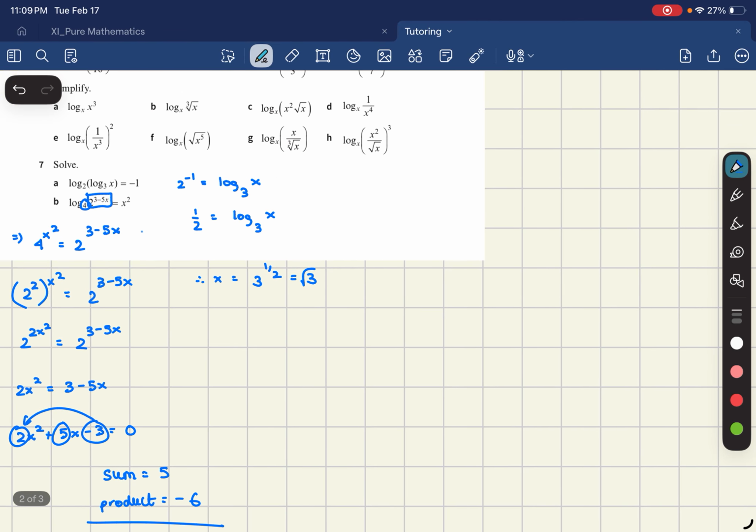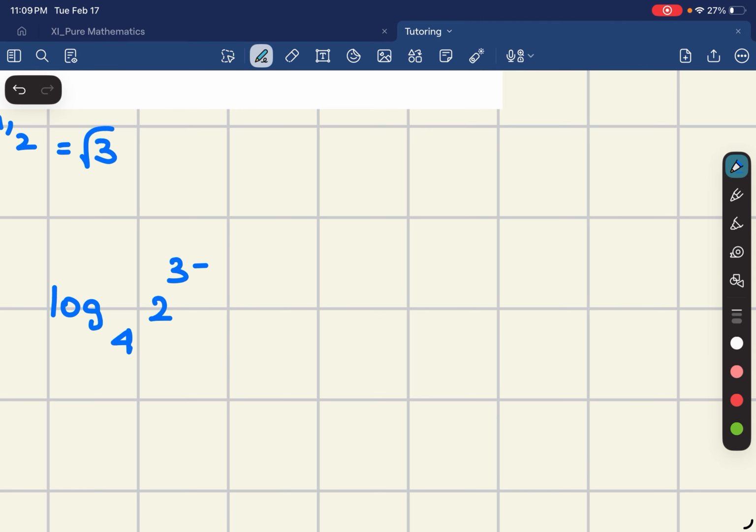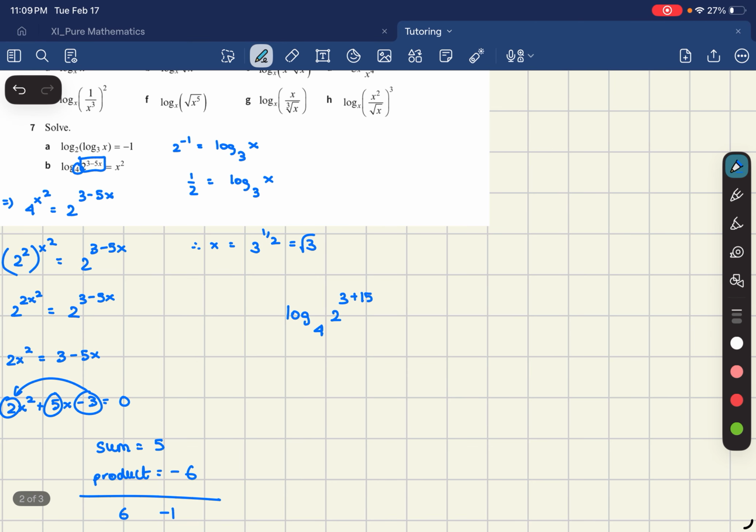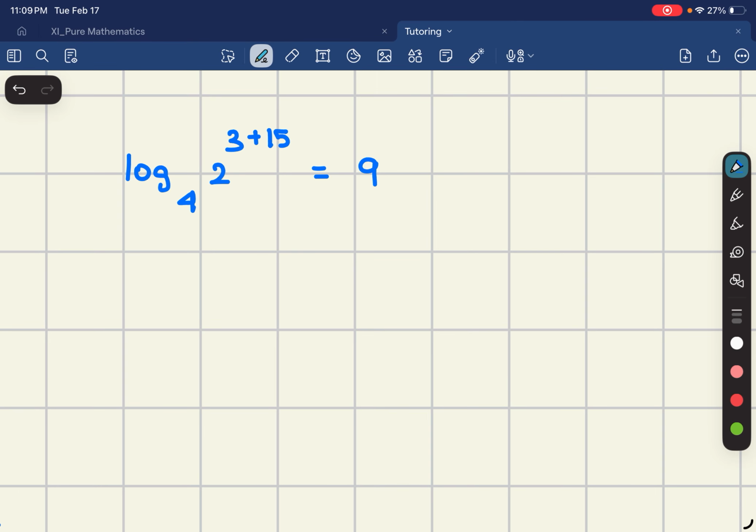So you can just test these, you can resubstitute and test whether you got the correct answer or not. So you're saying that log base 4 of 2 to the 3 minus... one of our answers was negative 3. So if you substitute negative 3, you're going to get positive 15 in the numerator, and you're going to get 9 here. Log base 4 of 2 to the power 18 equal to 9.